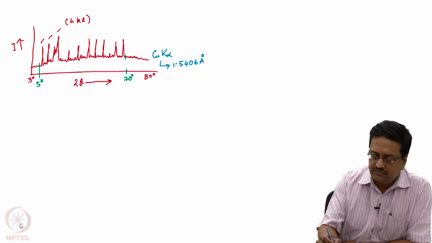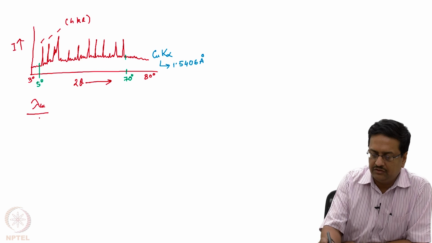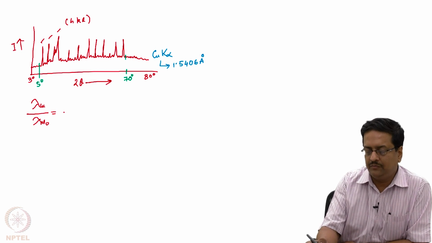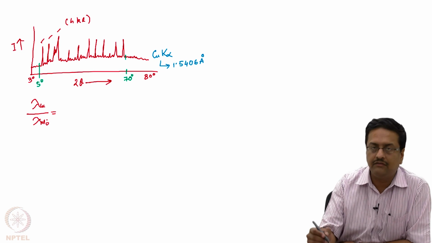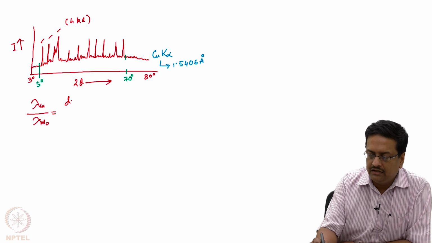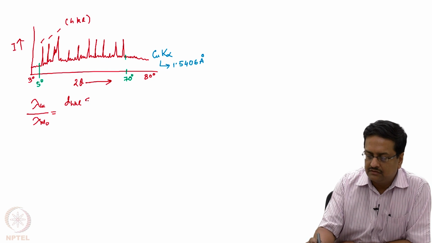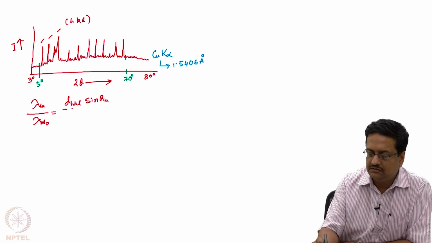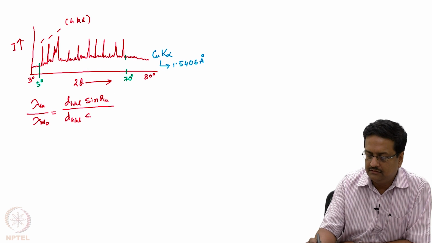Suppose lambda copper divided by lambda Mo, that is, I am writing Bragg's law for two different wavelengths, which would mean d_HKL sine theta for copper by d_HKL sine theta for molybdenum.